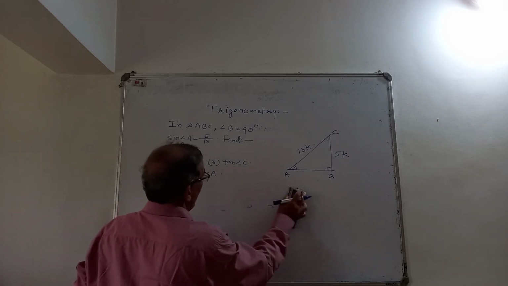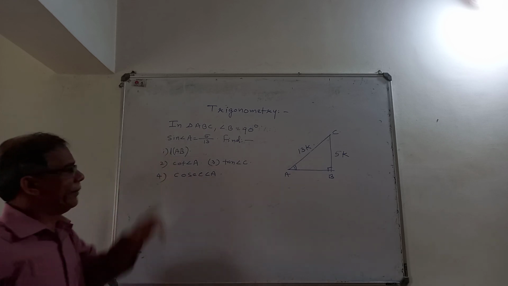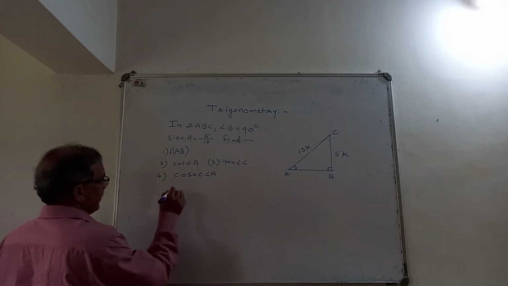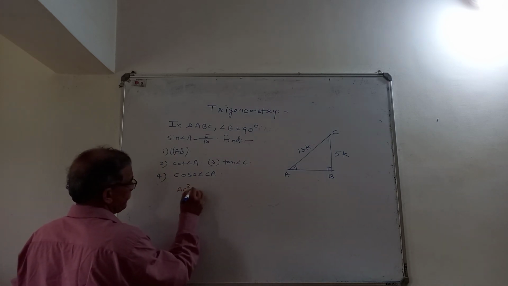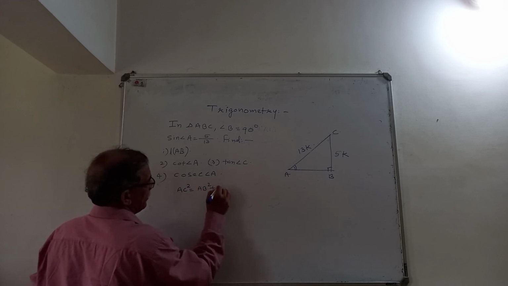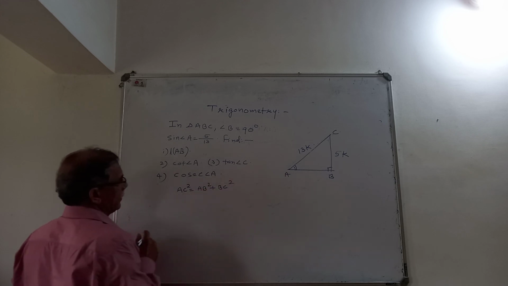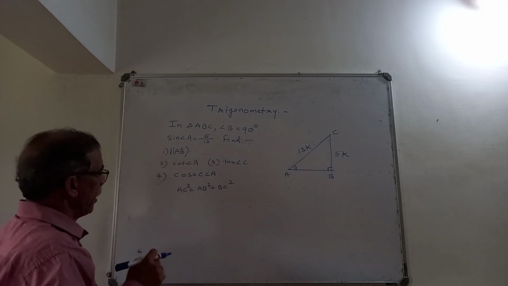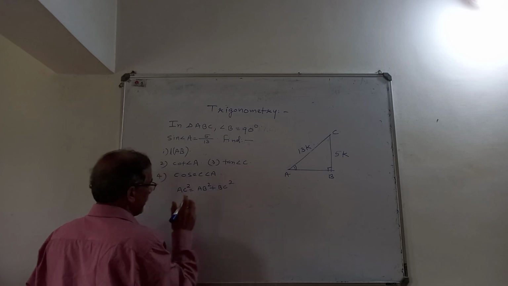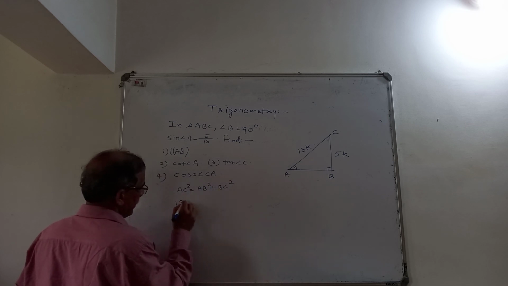And now find length AB. So what we can do here? Use Pythagoras theorem. So AC square is equal to AB square plus BC square. Now here important thing is AC square. AC what? 13. So you have to write 13k and bracket and square.